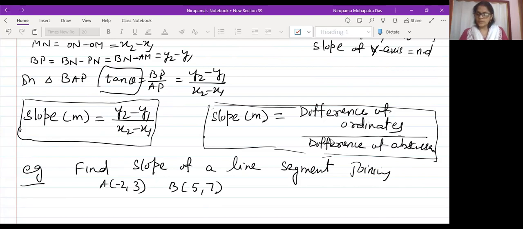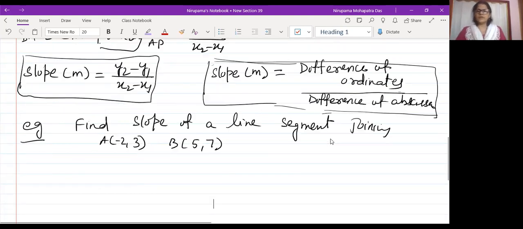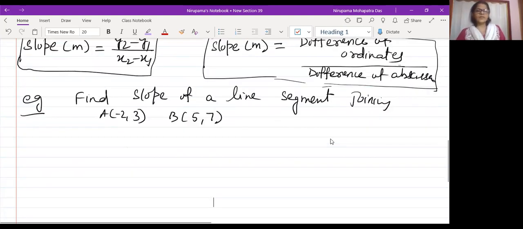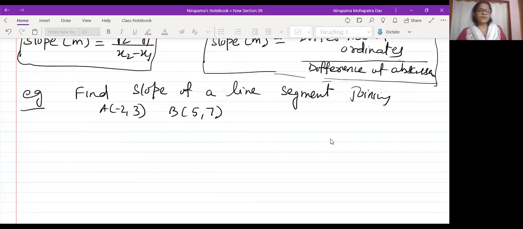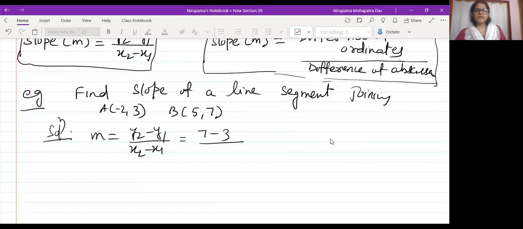If you are given the endpoints of the line segment, to get the slope of the line, what you can do? The slope m equals y2 minus y1 by x2 minus x1. So you can take 7 minus 3 by 5 plus 2, that is 4 divided by 7. So this is the slope of the line segment AB.